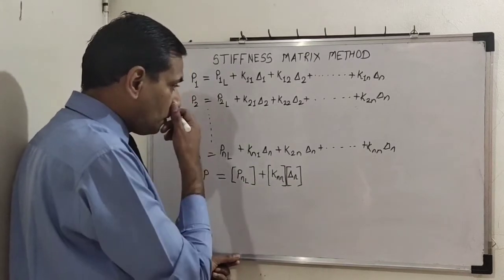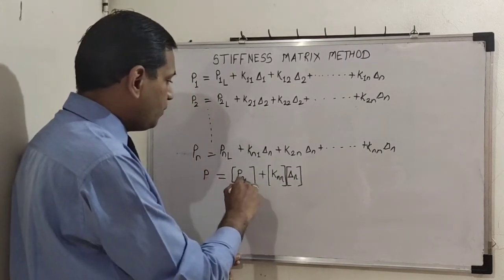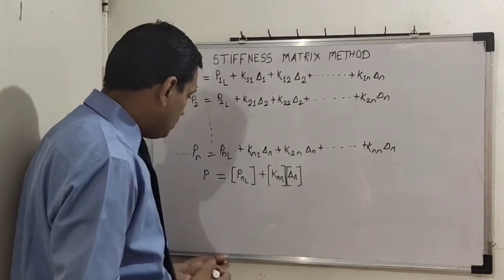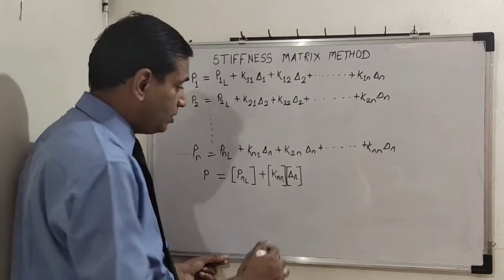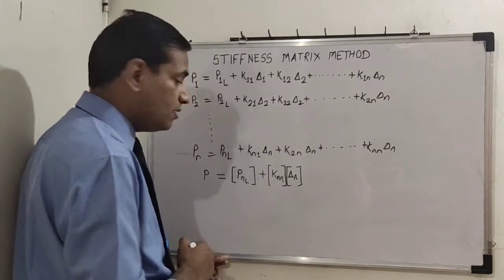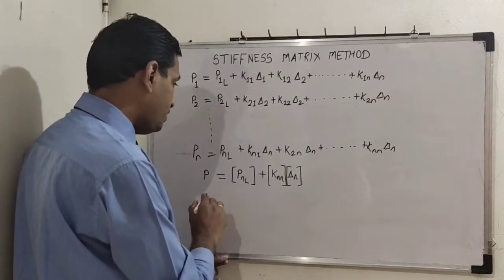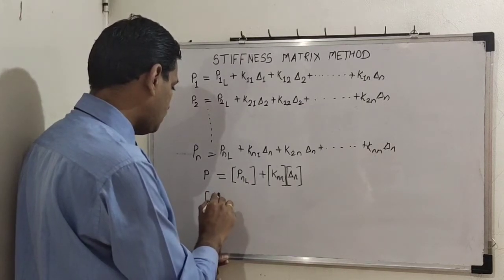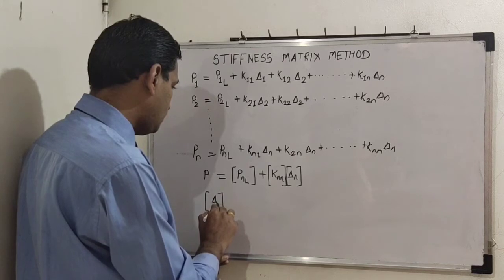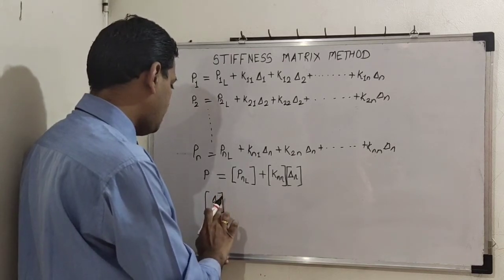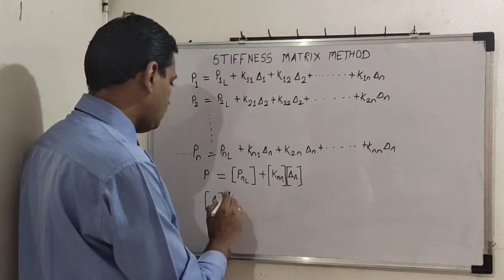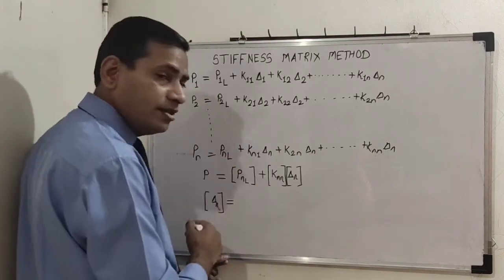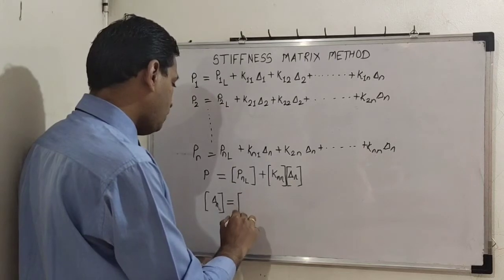So if you see, P is equal to PL plus K delta. This is our generalized equilibrium equation, and this is our unknown delta. So we have to get this delta as delta is equal to, you take this K to the left hand side, so it will become K inverse.